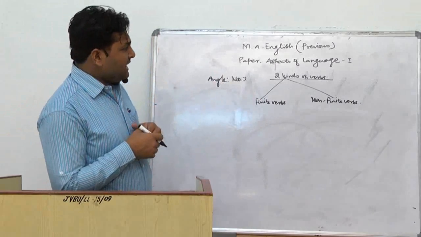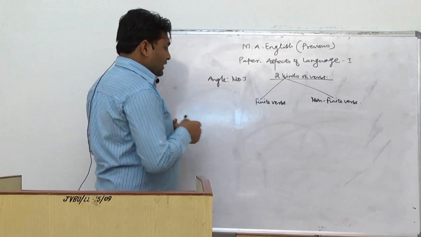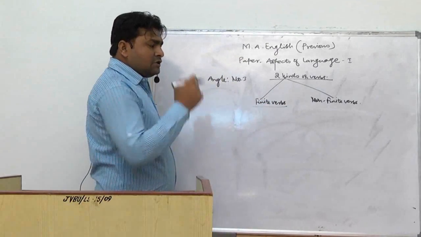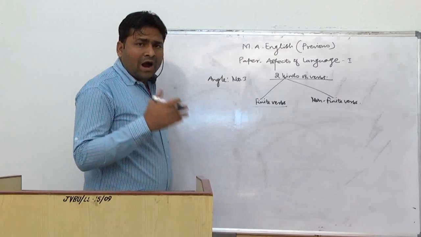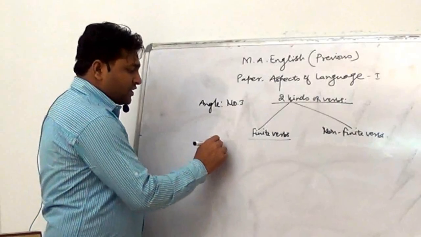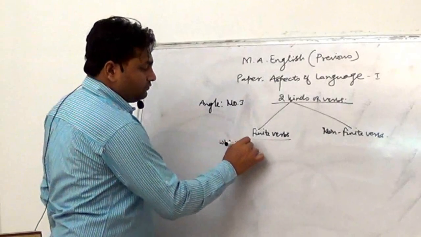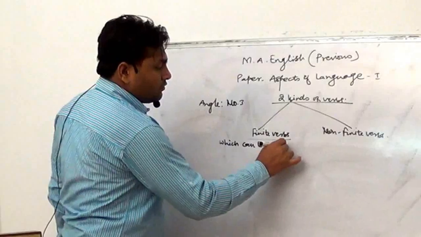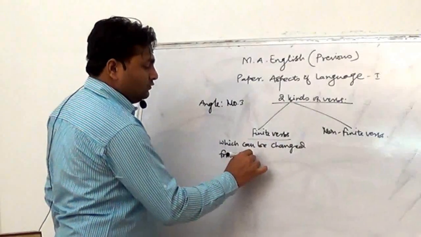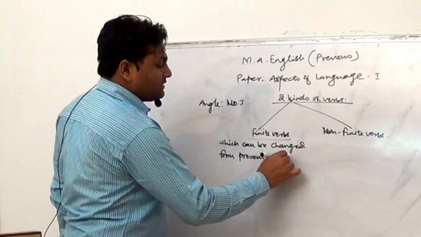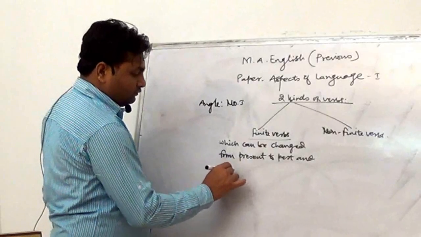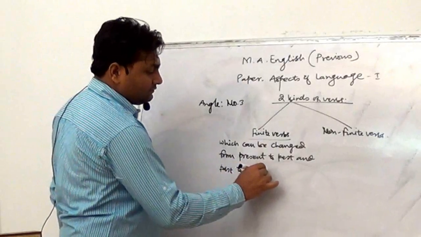You are aware very well that in angle number 1 we talked about the finite verbs and non-finite verbs. What is a finite verb? A finite verb is a verb which can be changed from present to past and past to present.